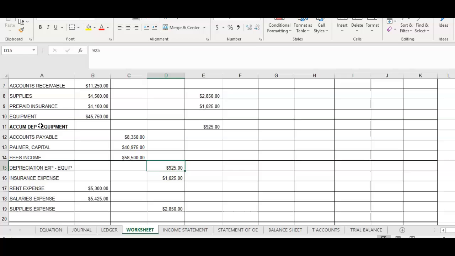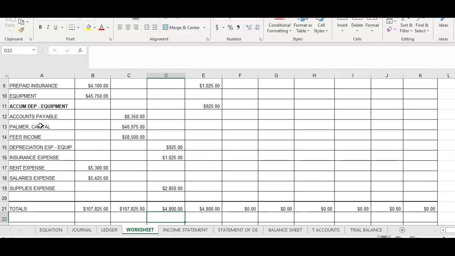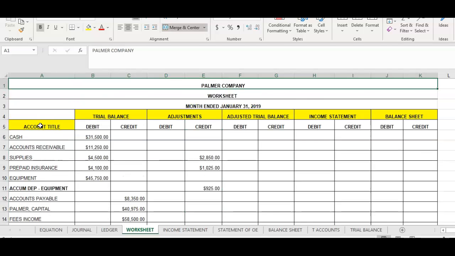Once we've made all the adjustments for the accounting period, we got a total for the adjustment section. And just like for the trial balance, the total of the debit and credit columns of the adjustment section must balance. So now we are ready for the adjusted trial balance.